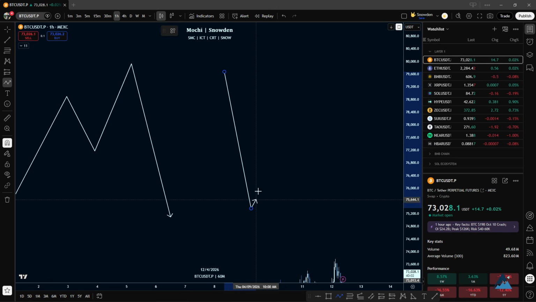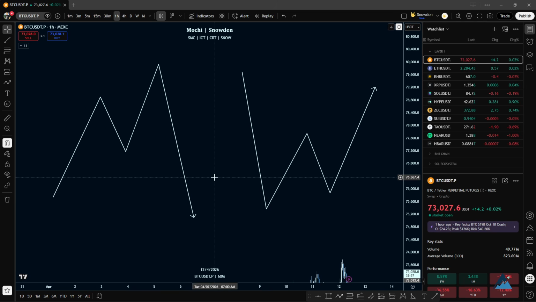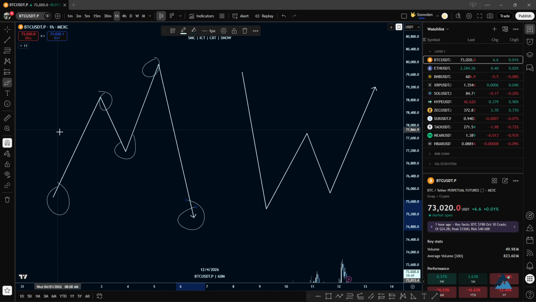Pagka naging W yan, bearish. Bakit po? Ang harmonics kasi, after nung pinakita ko na 5 points, 1, 2, 3, 4, 5, we expect a reversal. Kaya itong pattern na M is a bullish, and itong W, 1, 2, 3, 4, 5 is a bearish signal.